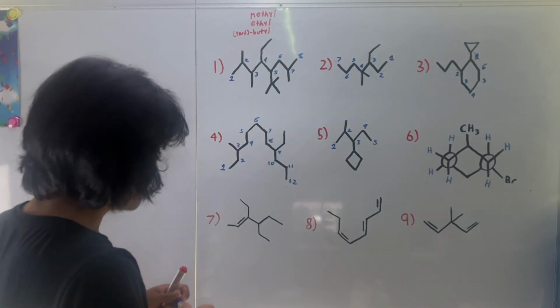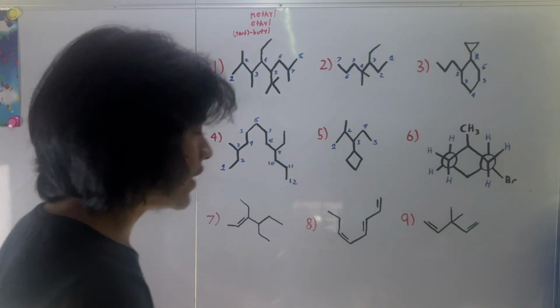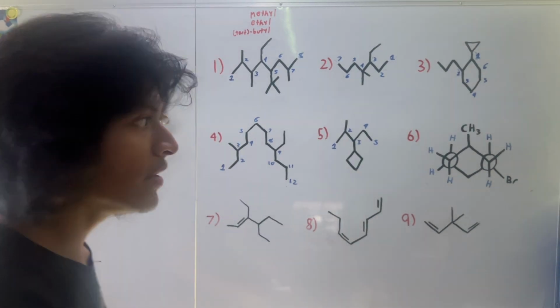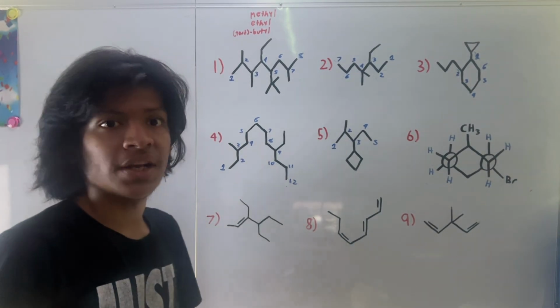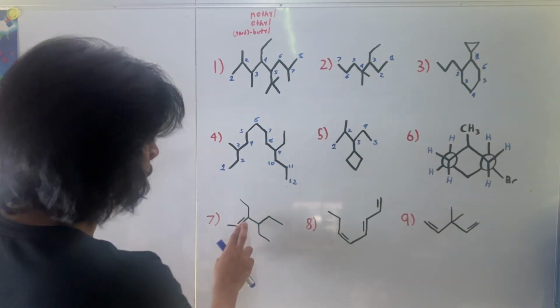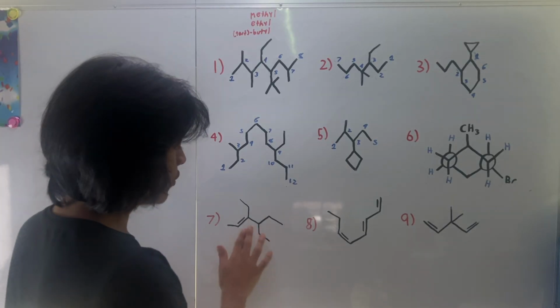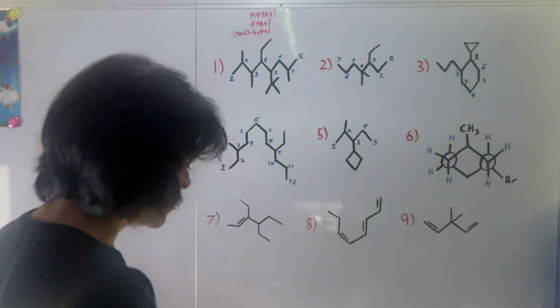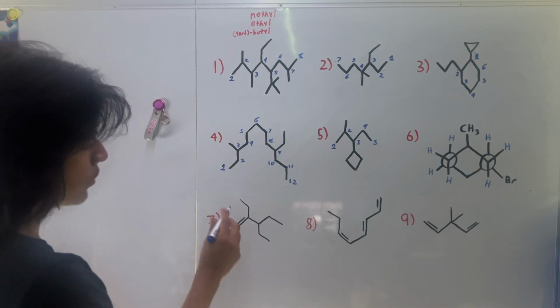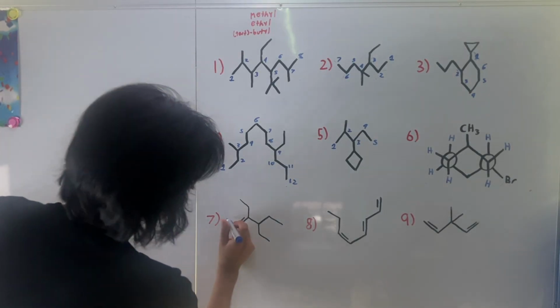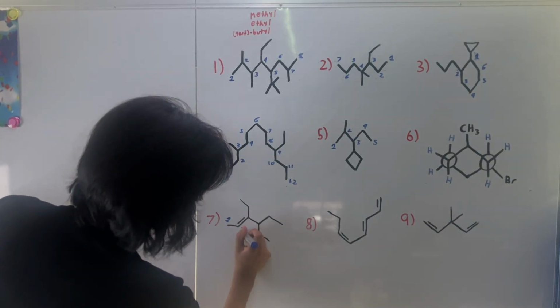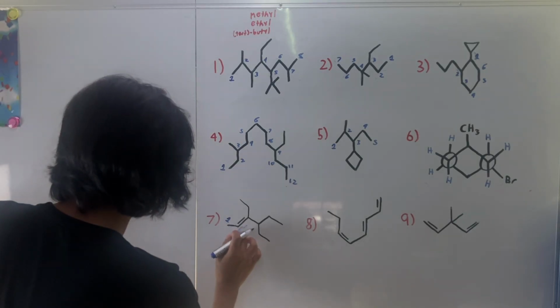And now for alkenes, we again want to look for the longest carbon chain, but the longest carbon chain has to contain our double bond in it. And we mainly want to put our numbering priorities towards the double bond. So when we number this compound, we're going to start from here and go along this path. Oh, that's a 3.